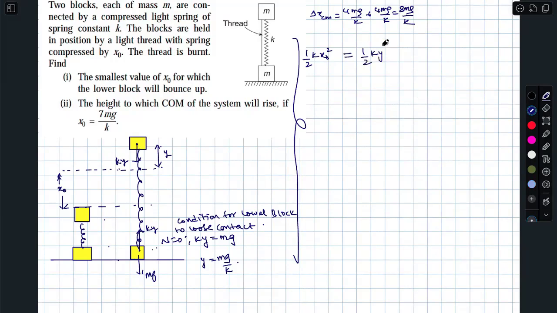Half k y square plus mg times x naught plus y. And already we know what is y. So half k x naught square is half k times mg square by k square plus mg times x naught plus mg by k.